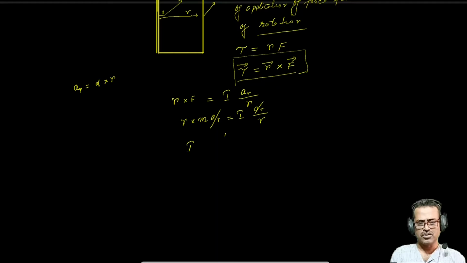So I is equal to m r square. Now finally we have got the relation among moment of inertia, mass and R. So it is clear that in case of linear motion, inertia is the inherent property of the material that never depends on any external factor.